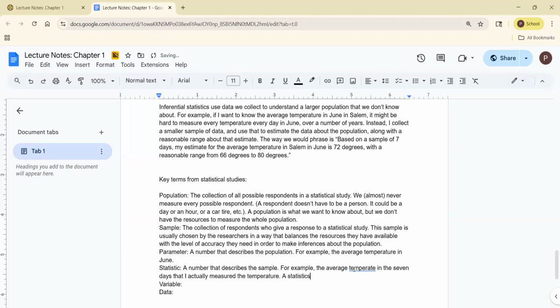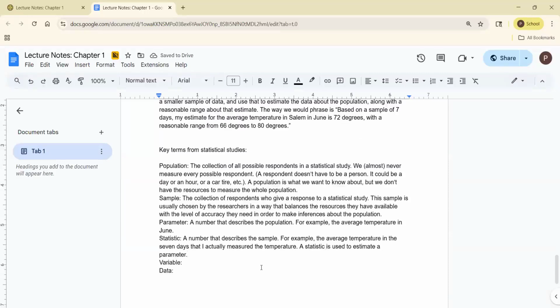A statistic is used to estimate a parameter. We never expect that statistics are completely accurate.